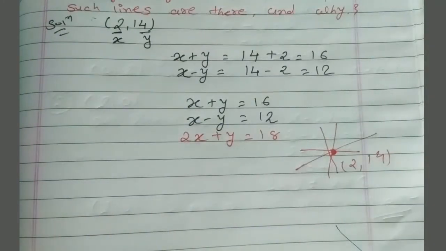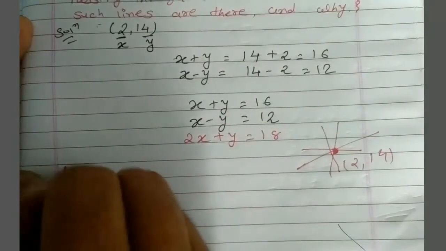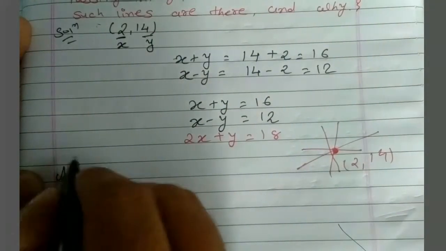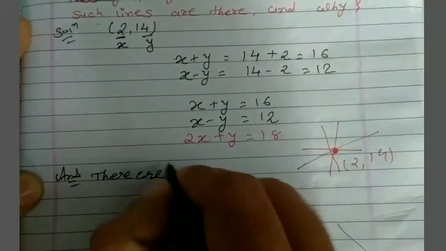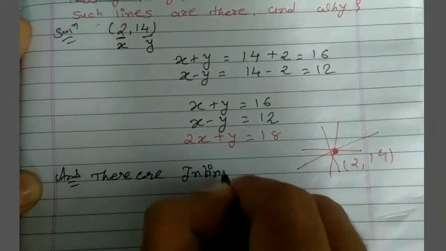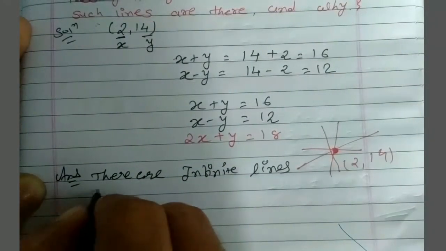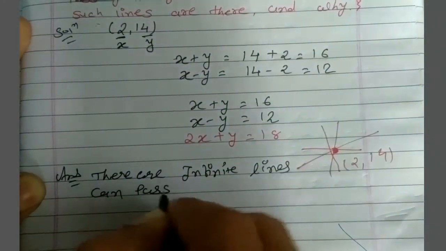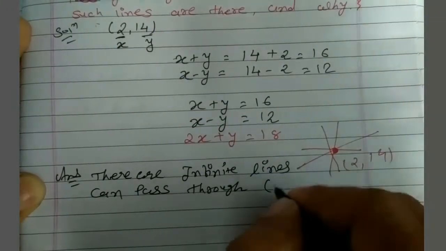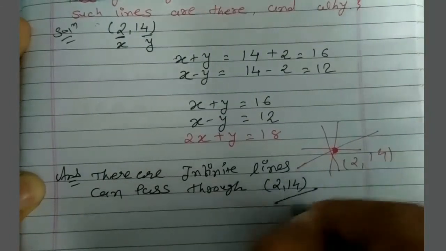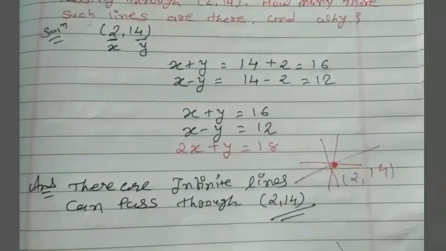Okay, so our answer is, we can write the answer: there are infinite lines that can pass through our coordinates 2 and 14. Okay, so this is the solution of our question number 2.